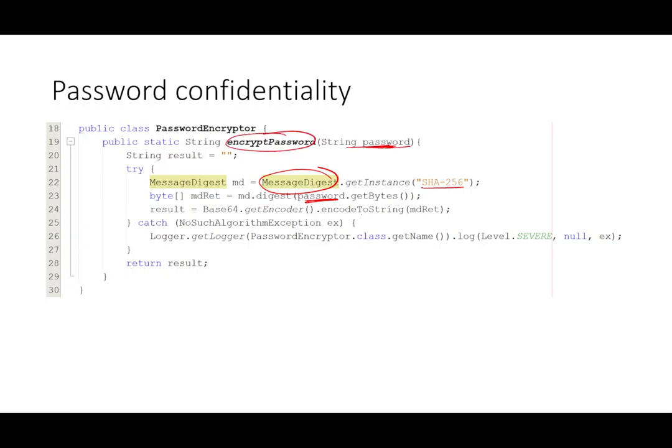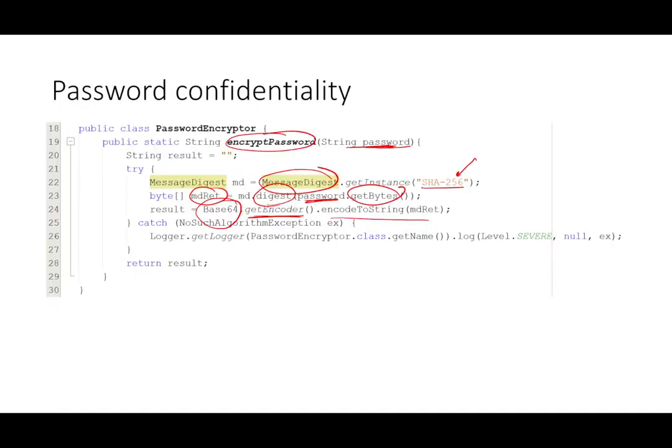Take the password in, get the bytes of the password, and create the MessageDigest here. Then the returning result will be an array of 256 bits, and these bytes are going to be stored in some forms that may not be friendly for text. So I will use the Base64 encoder in order to encode that string. Then we're going to store it in that form.